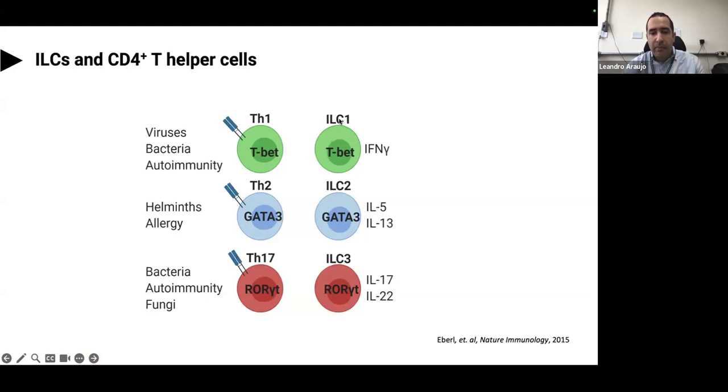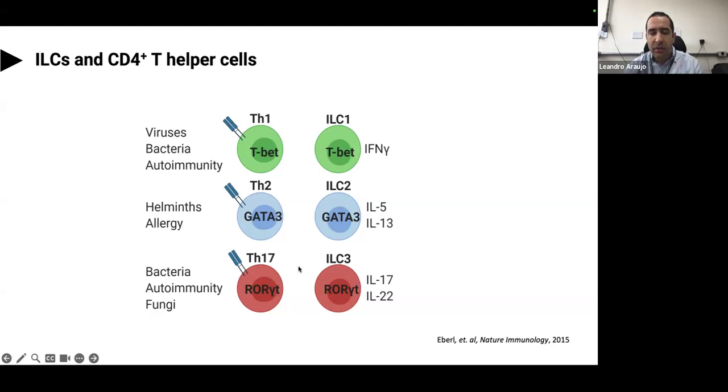They lack TCR and BCR, the specific B and T cell receptors, but they share the transcription factors with the helper cells. So we have ILC2s that are innate lymphoid cells that share the transcription factor GATA3 with Th2. They are very important for helminths and allergy reactions.